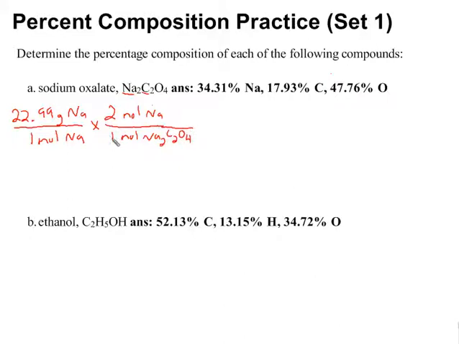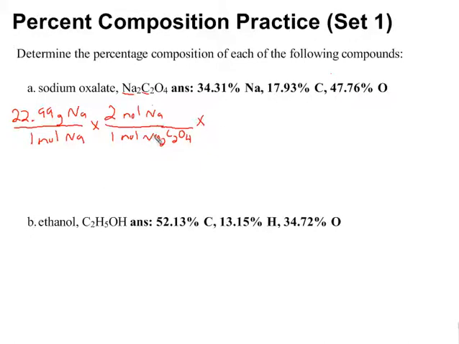This number 1 correlates to the coefficient in front of the entire compound. I'm going to delete that so it doesn't confuse you. So that's where we get this number 1. If we were doing oxygen, we would put 4 moles of oxygen. So now that compares how much we have.